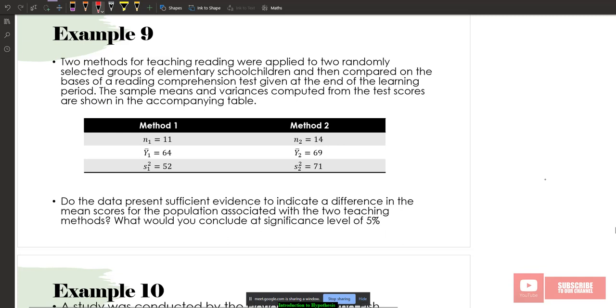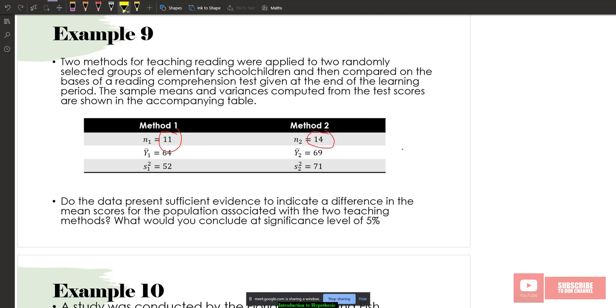For example number 9, sama juga. So kita tak tahu the population variance, but the sample size is less than 30, right? So population variance unknown, use T distribution with pooled standard deviation, right? But this one, kita kena ingat balik, dalam chapter number 2 we already look at how to test two distributions have equal variance.